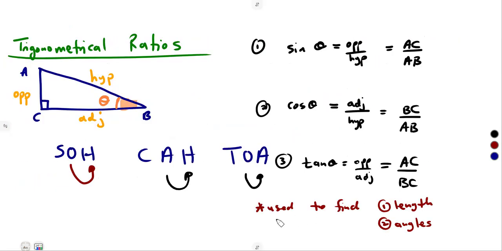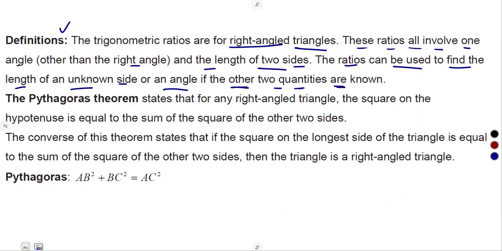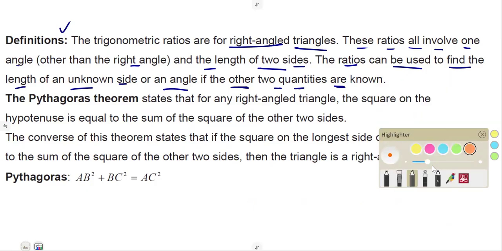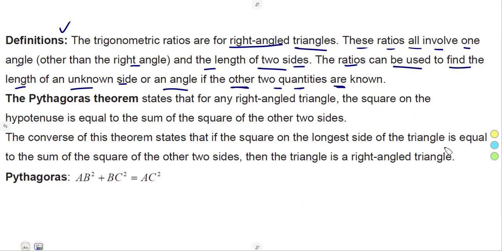This is what we're trying to refer to, use to find length and angles. So in that case, we can use trigonometrical ratios to find the length of an unknown side or an angle if the other two quantities are known.